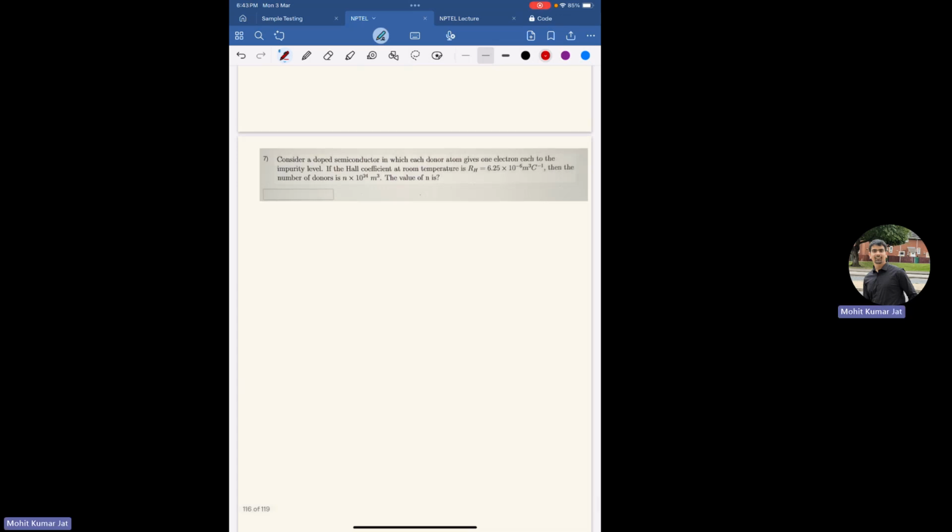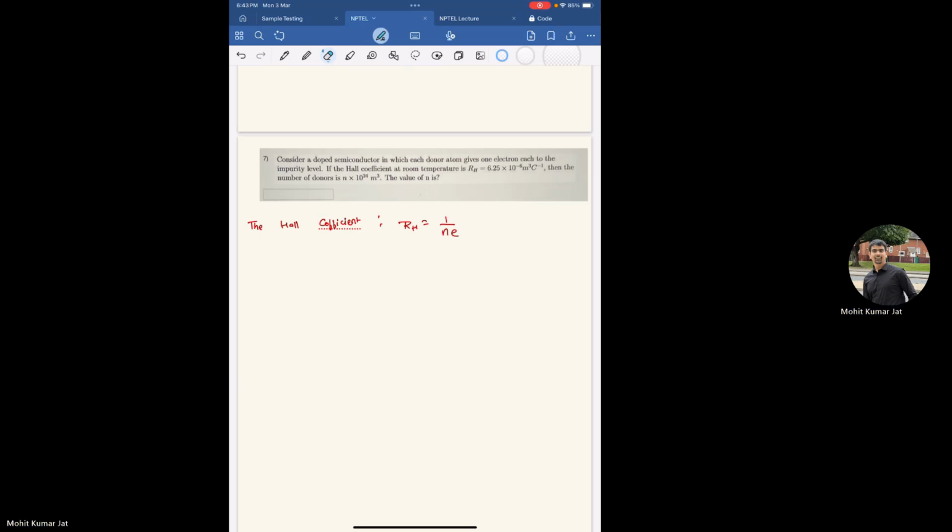We know that the Hall coefficient RH is nothing but 1 by ne. There is a doped semiconductor in which each donor atom gives 1 electron to the impurity level.